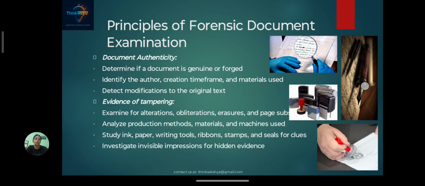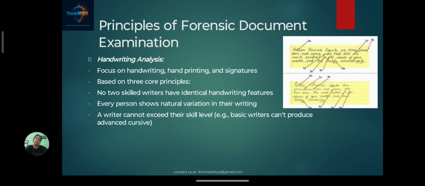Moving on to the third principle, which is handwriting analysis. This handwriting analysis is based on three golden principles. Firstly, no two people can have exactly the same handwriting features. My writing will always be different on some points from a person who can write similar to me but not exactly the same.